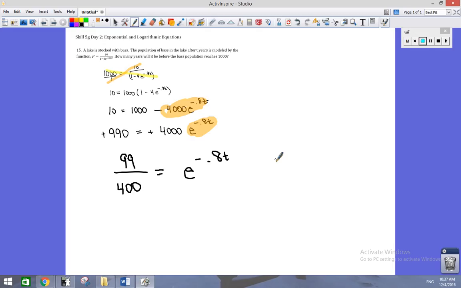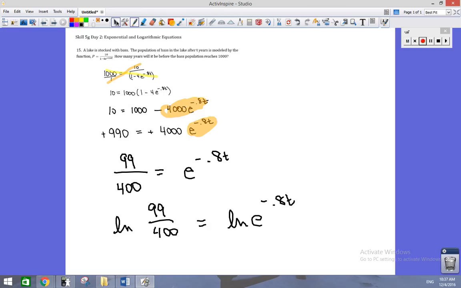I'm going to take the natural log of each side and use the power rule in order to get this variable down as a coefficient so I can get it by itself. If I take the natural log of the left-hand side, to balance the equation I have to take the natural log of the right-hand side.